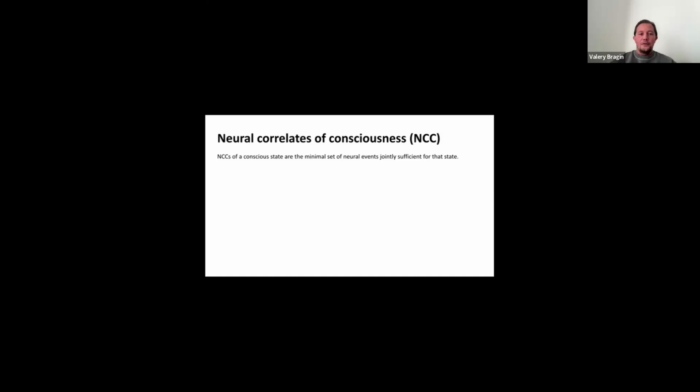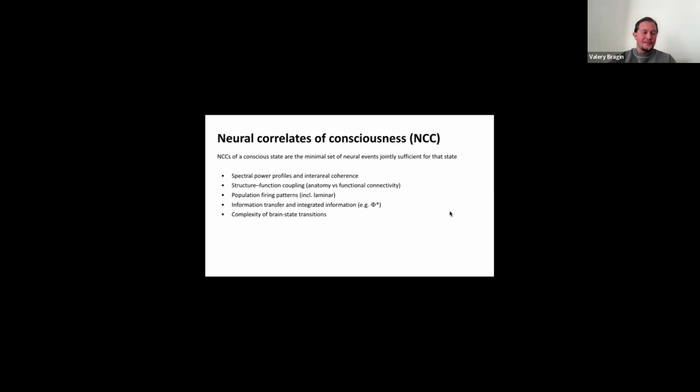So in principle, the search for the NCC involves seeking brain states and processes that are most closely related to consciousness, right? So it's a kind of correlation between processes and conscious experience. For instance, there are different NCCs, and we'll come back to some of them later in this talk when we match these correlates with the experimental or modeling work that we'll discuss.